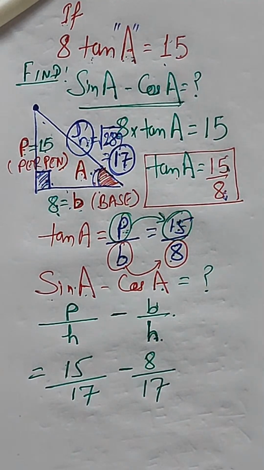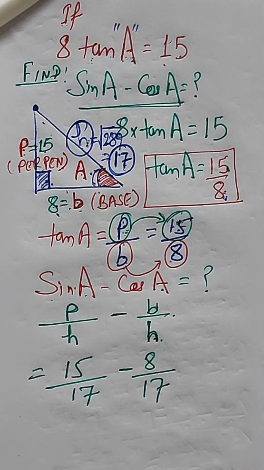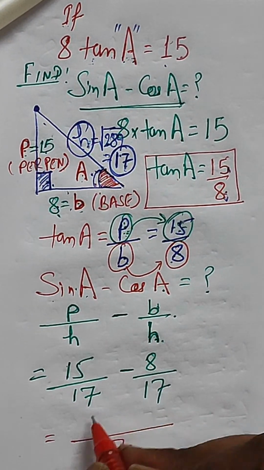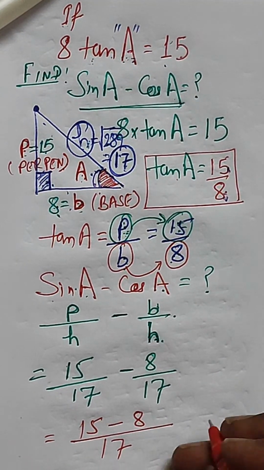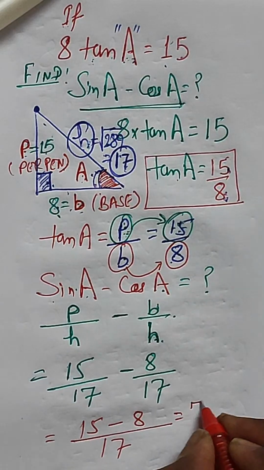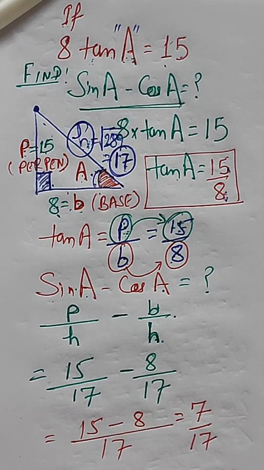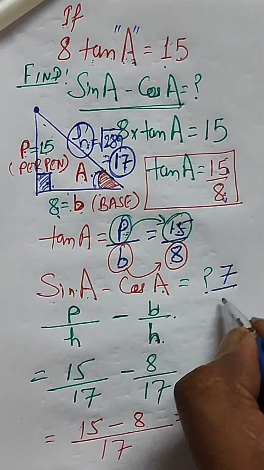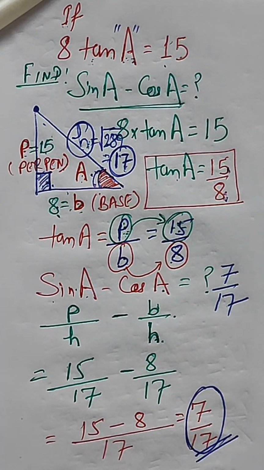Taking 17 as common, 15 minus 8 will be in the numerator, which gives you 7 by 17.